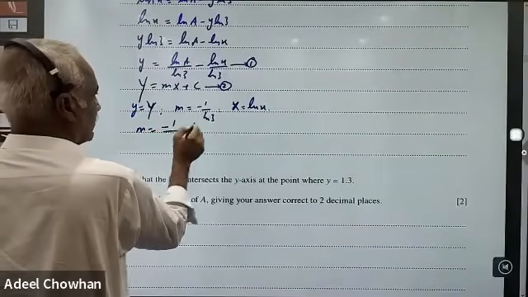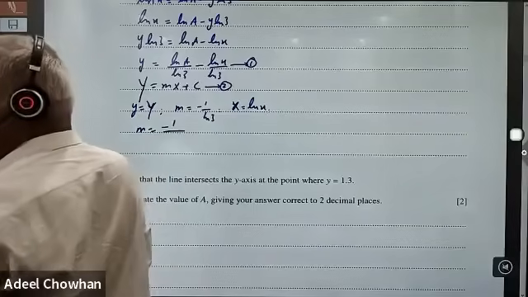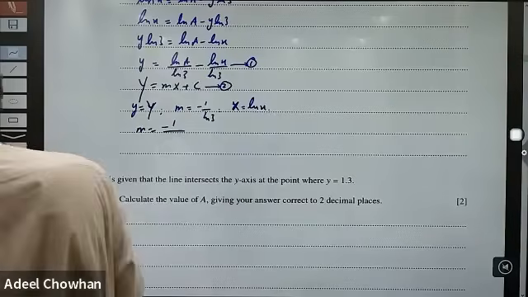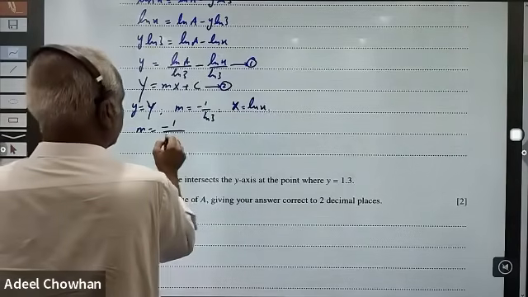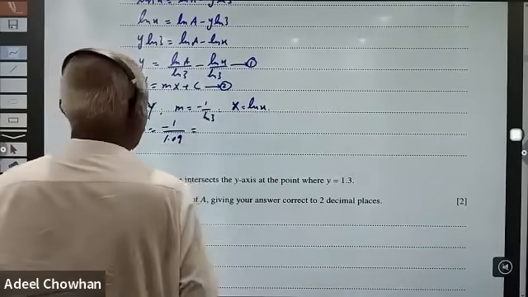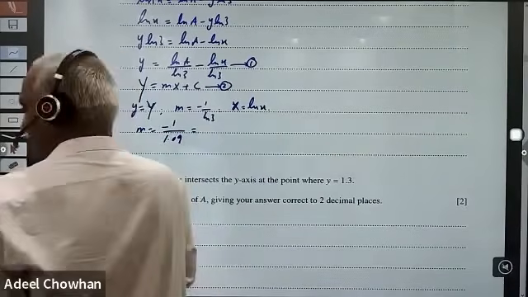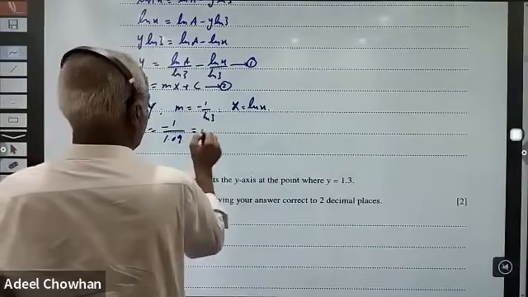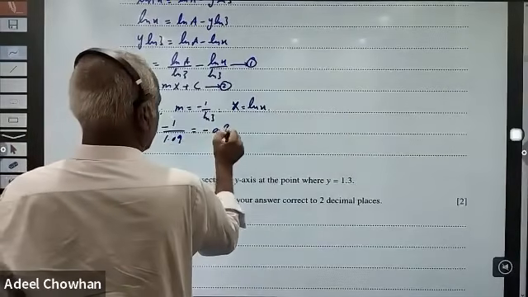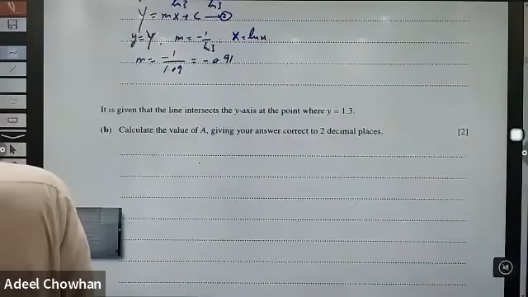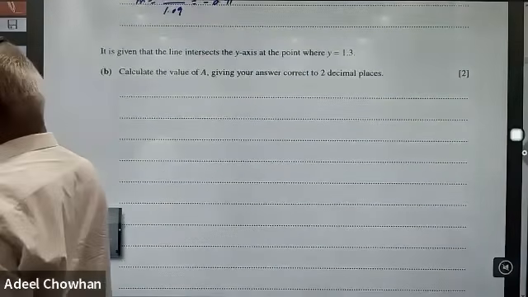So that value is equal to minus 0 point something. So this is the gradient of that line there. Can you see?